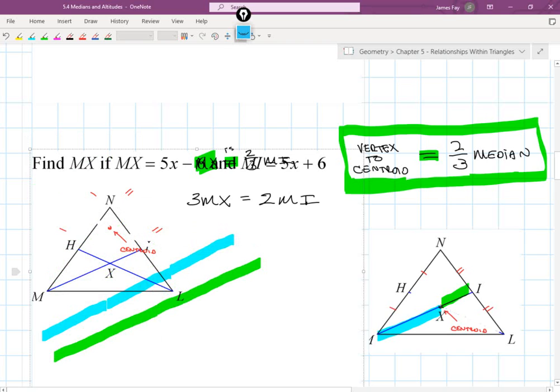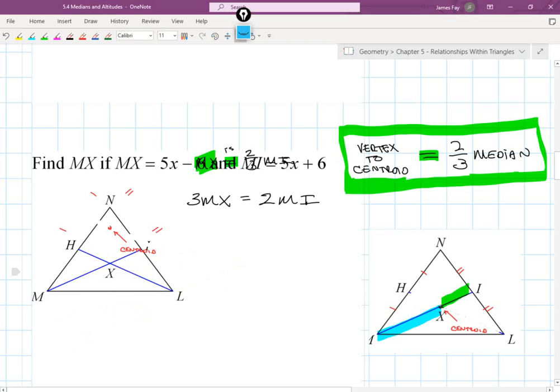What's that tell me about those two distances? They're equal, right? They're the same. So that is usually a better algebraic expression, or equation, for us to deal with because we don't have fractions.